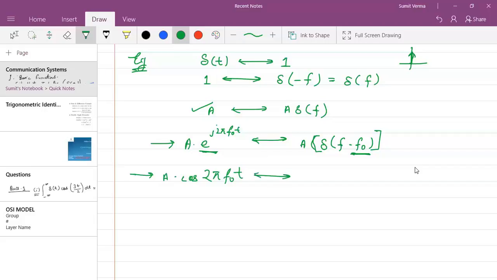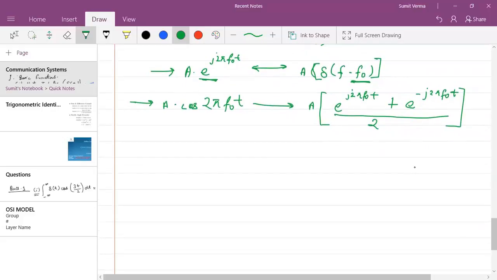As we know, cos can be written in exponential form: a times e to the power j 2 pi f naught t plus e to the power minus j 2 pi f naught t, divided by 2. Now if you see this cos function as a sum of these two exponentials, you can easily write the Fourier transform of this. Let's do it using the example we just saw above.